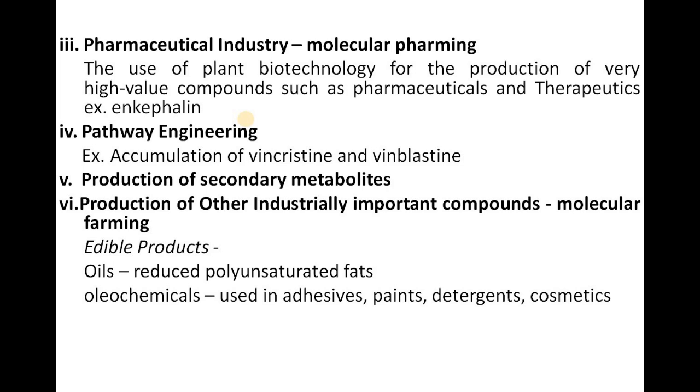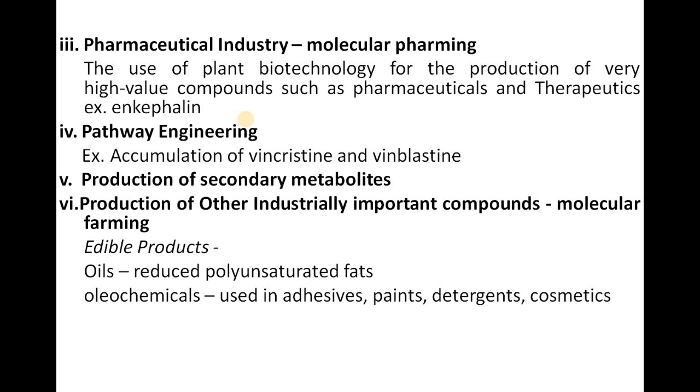There are hundreds of such compounds being produced, including enkephalin, interleukins, and so on. Then pathway engineering is another major application of plant biotechnology. For example, you may know vincristine and vinblastine are compounds of chemotherapeutic importance. These are produced in the root cells of Vinca rosea. They are intermediates of certain metabolic pathways.